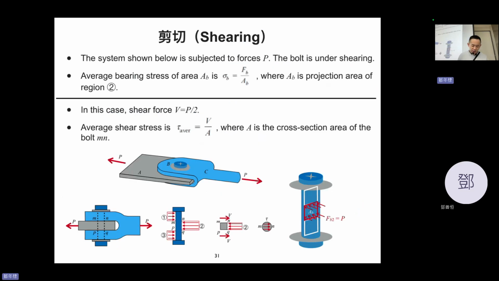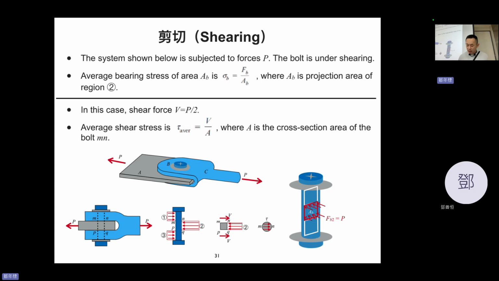Shearing. I give you an example. Next, you can see that there is a Y shape stuff, and there's a gray plate, and in the middle they are connected with a bolt.